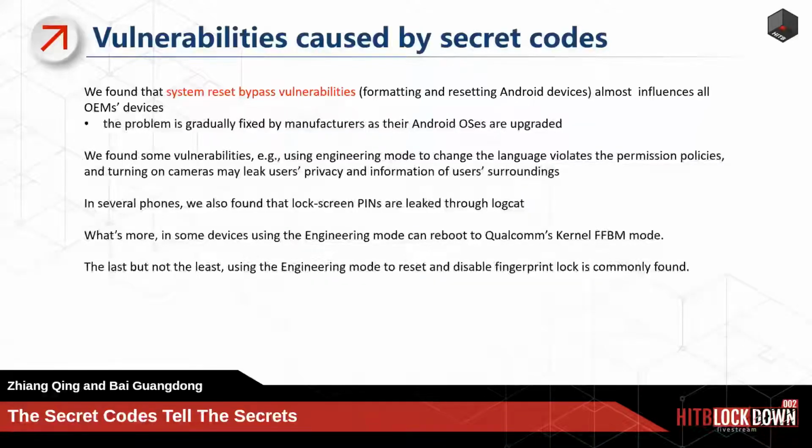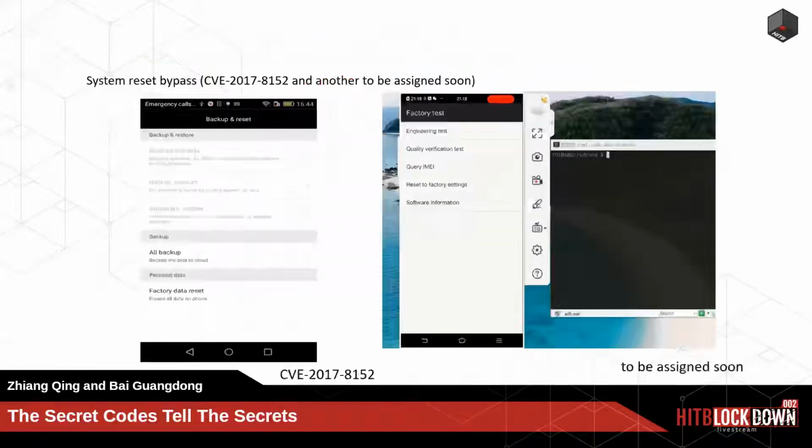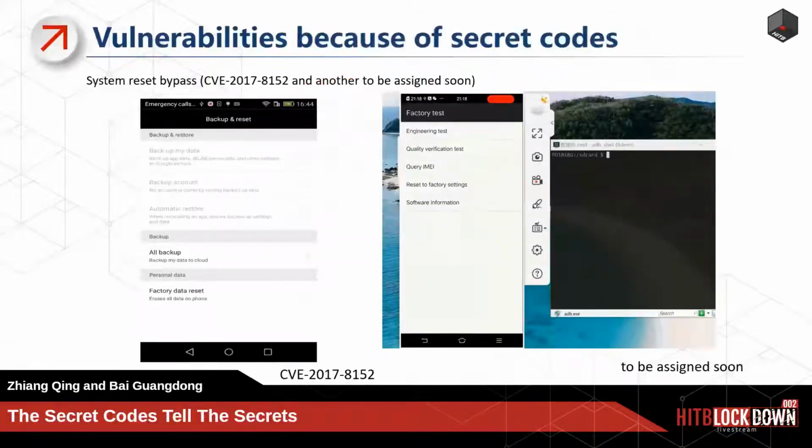Basically, it bypasses or disables the fingerprint authentication system in your mobile phone. Okay, so next we're going to give you a demonstration for each category one by one. I will invite Qing to give you the first demo.